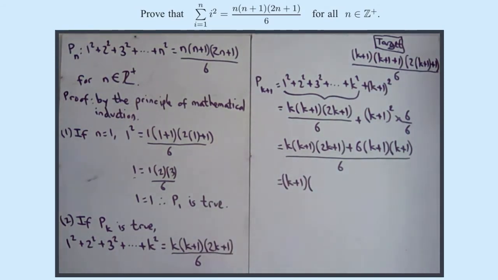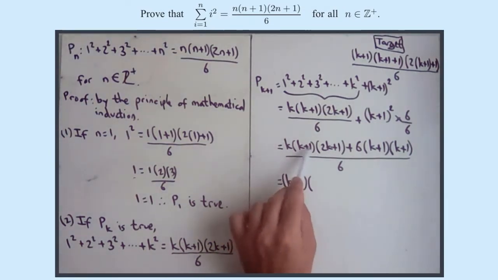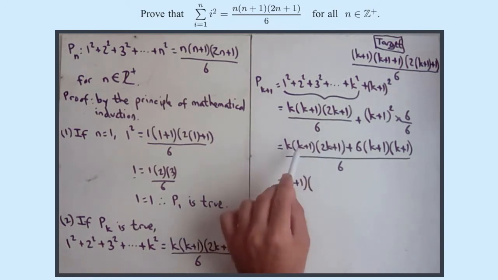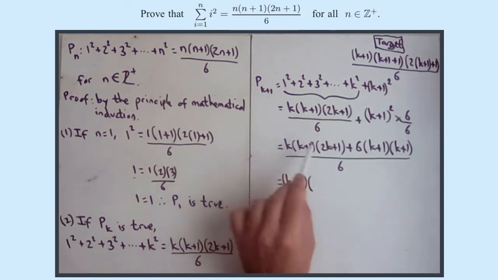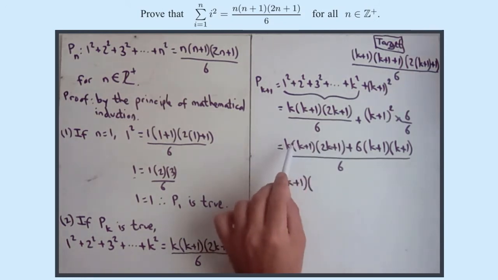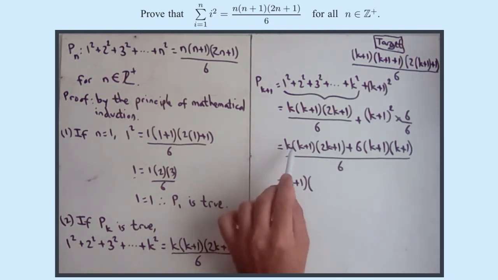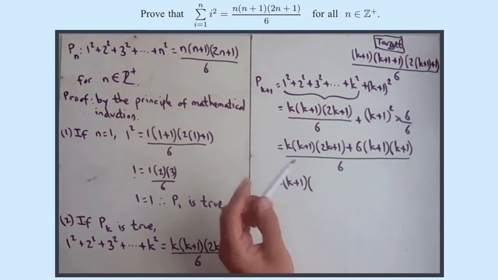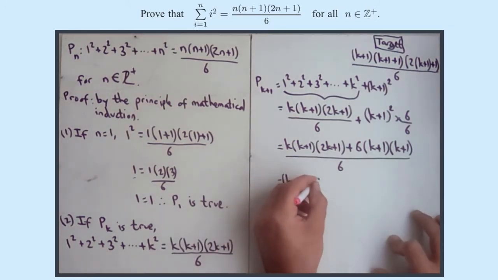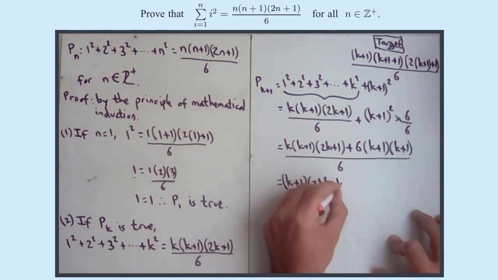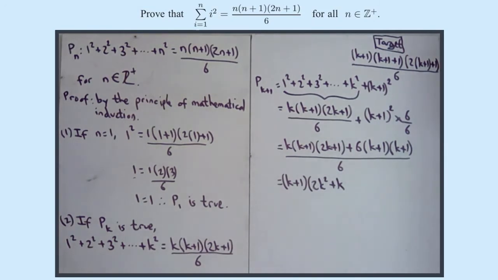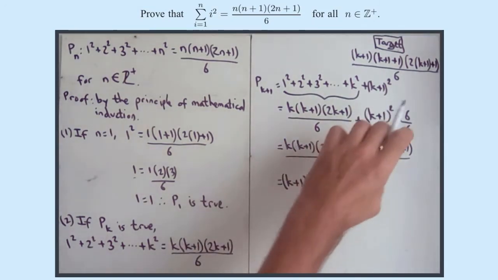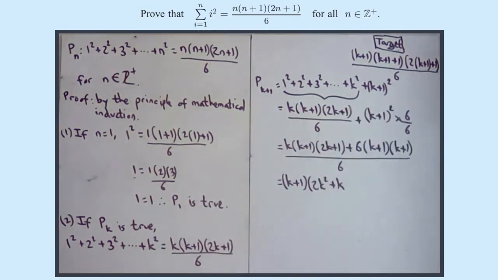Now if we take this k plus 1 out of this first term, it's left the k and the 2k plus 1. What I'm going to do is multiply those together. So that would be 2k squared plus k. I'm going to leave that open because I still need to pull one of the k plus 1s out of this.